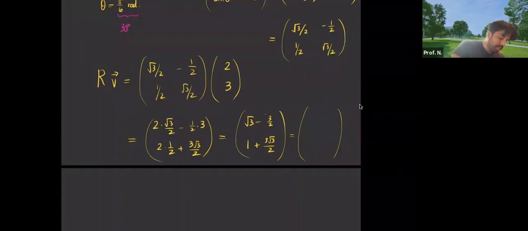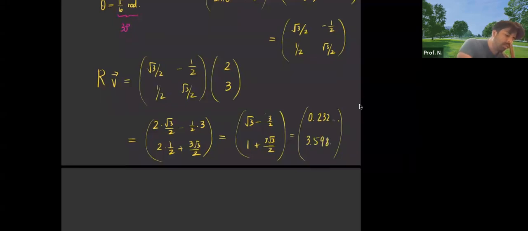So then when you find just the approximation of it, this would be 0.232. And the y coordinate would be 1 plus 3 rad 3 divided by 2, which I would get like 3.598.